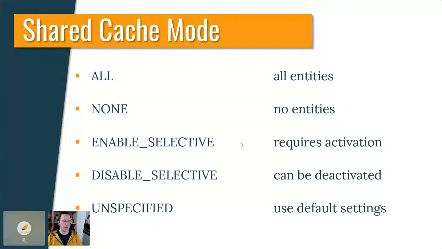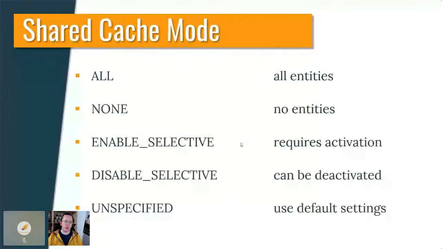So Julian asked if we can define a time to live via those annotations. No, that would be part of your caching configuration. So you would need to take a look at EHCache or Infinispan, how they invalidate the objects in the cache. What you can usually do there is define the size of your cache, and then define a certain mechanism that is applied to remove objects from the cache if you reach that threshold.